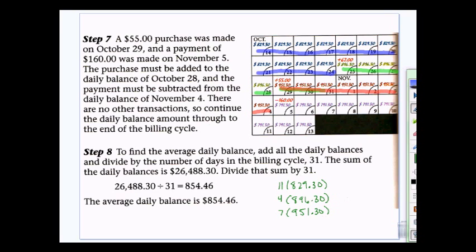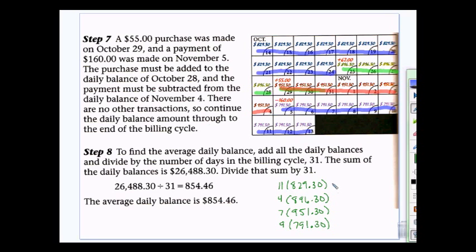And then finally 1, 2, 3, 4, 5, 6, 7, 8, 9 at 791.30. So that tells me how many days at each balance.